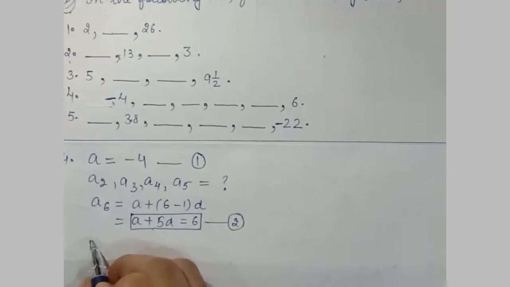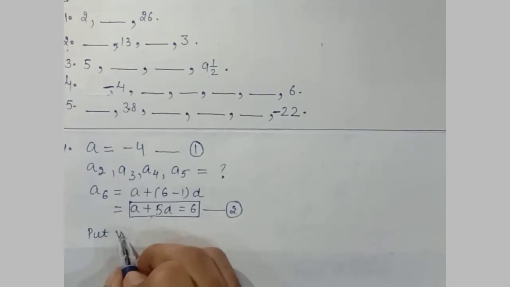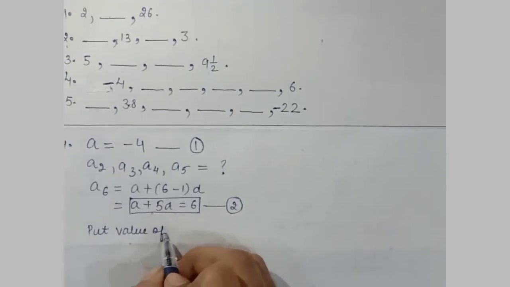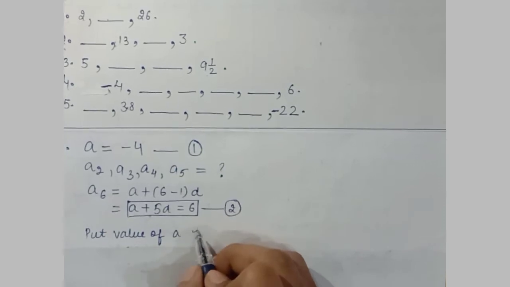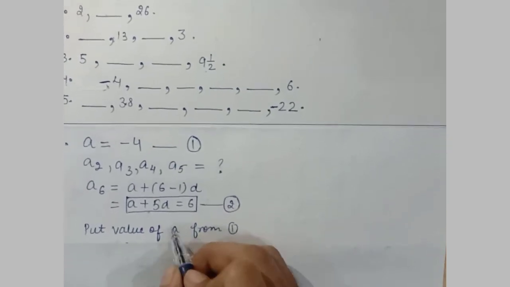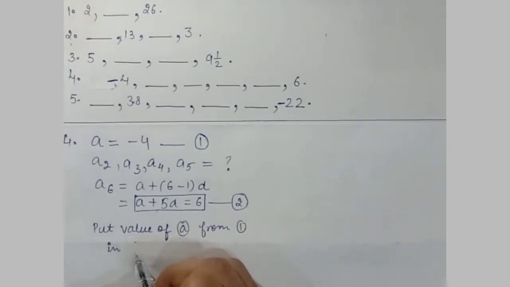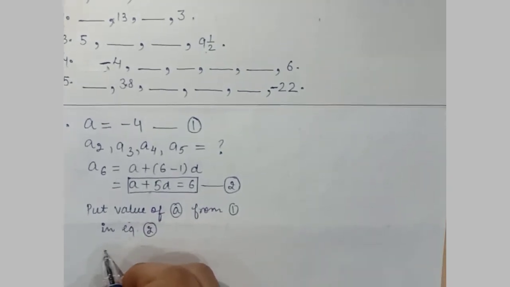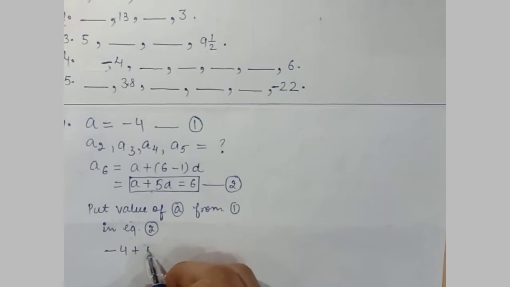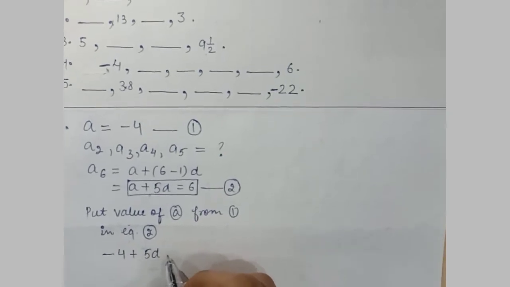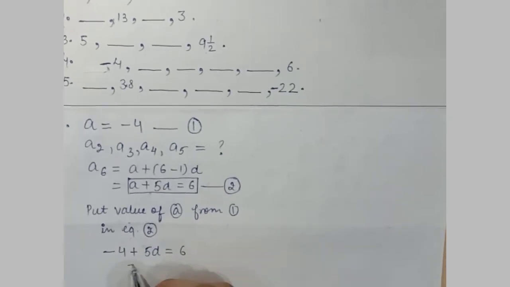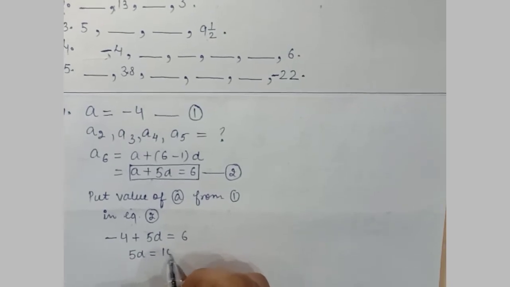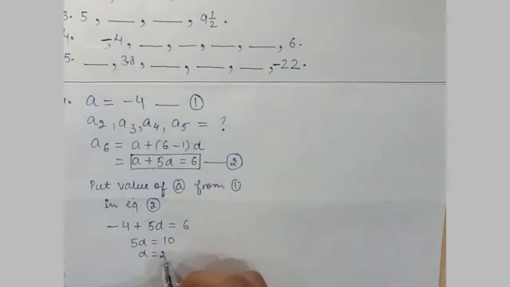Now put the value of a from equation first in equation second, we get minus 4 plus 5d is equal to 6. 5d is equal to 10 and d is equal to 2.